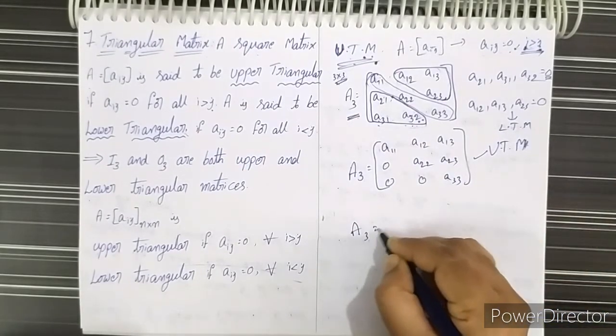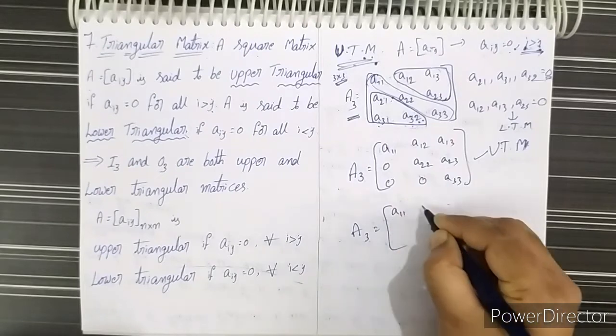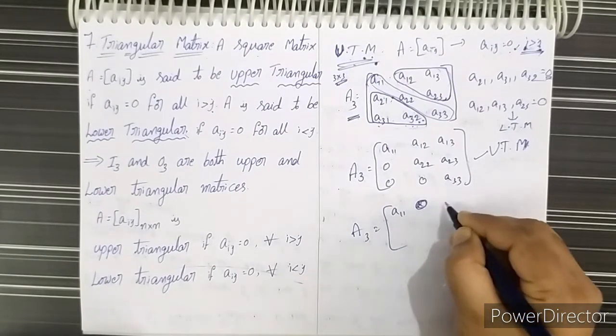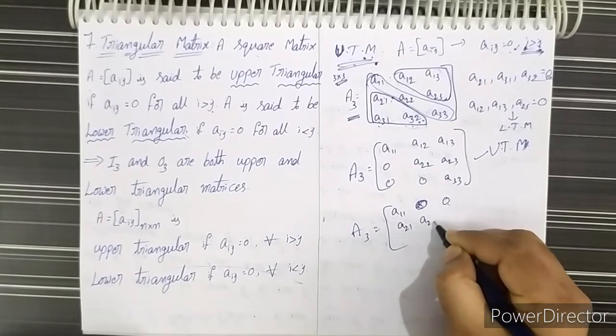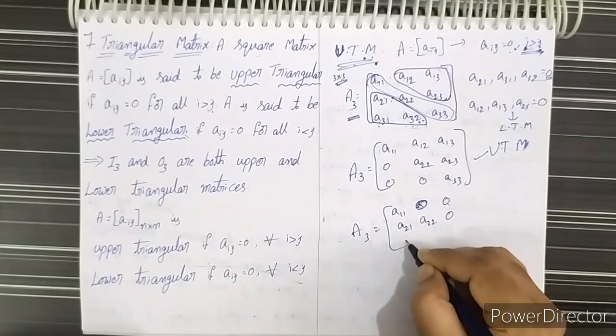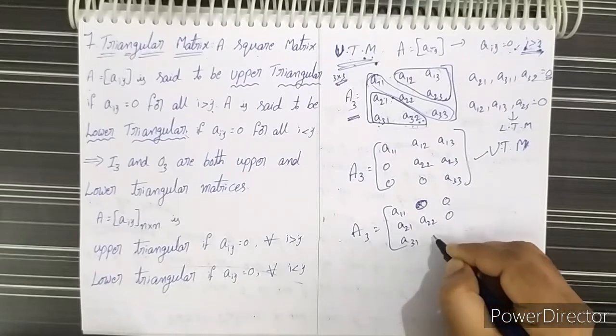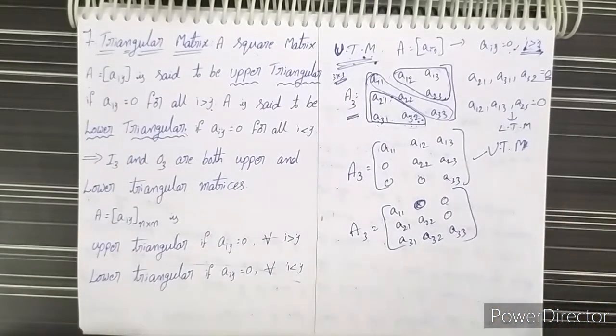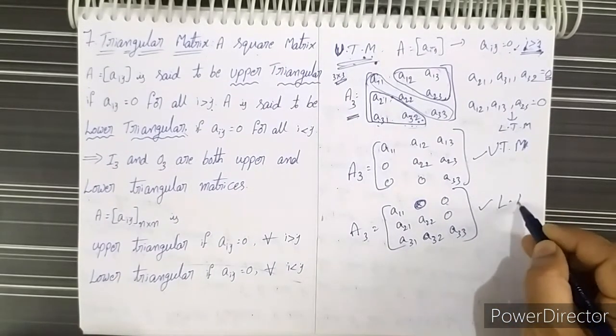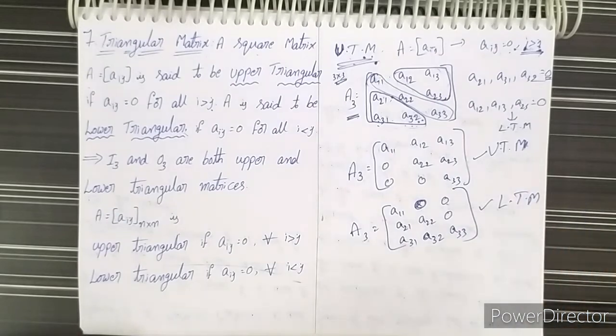That means a11, 0, 0; a21, a22, 0; a31, a32, a33. This is called a lower triangular matrix.